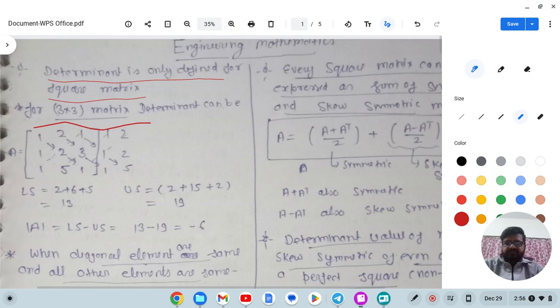Here is a 3 by 3 matrix. So what will the determinant be? This is the short formula. Actually this concept is called Cramer's rule, which can be applied only to a 3 by 3 matrix.